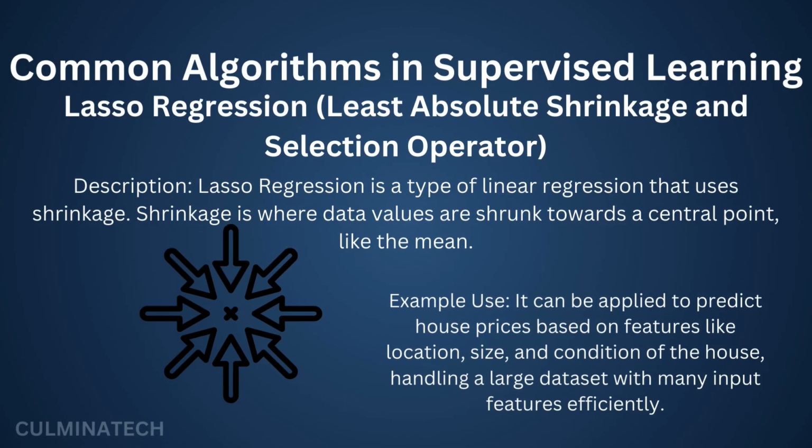We have another one, lasso regression, least absolute shrinkage and selection operator. It's a type of linear regression that uses shrinkage. Shrinkage is when data values are shrunk towards a central point, like the mean. Think of lasso regression as a way of simplifying a very busy and complicated decision by ignoring the less important details.